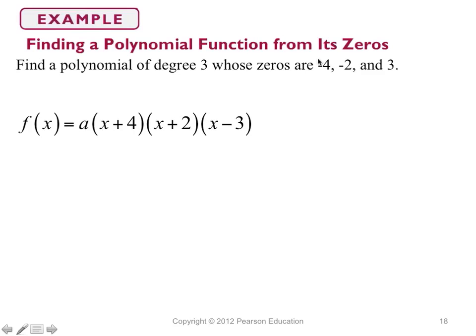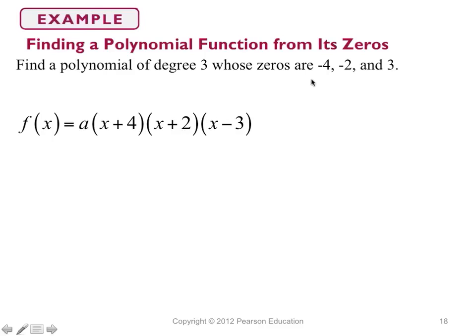If you take -4 and plug it in for x, you're going to get -4 plus 4, which becomes 0, and it wipes out this entire side of the equation, just makes it 0. So that one definitely works. If we have -2 as a 0, that means x plus 2 is a factor.